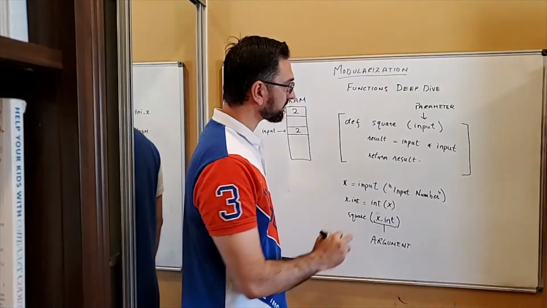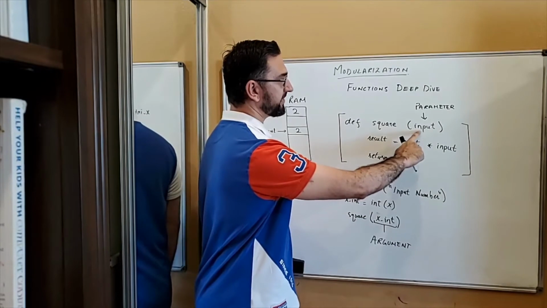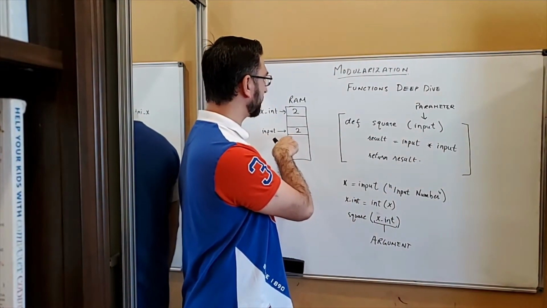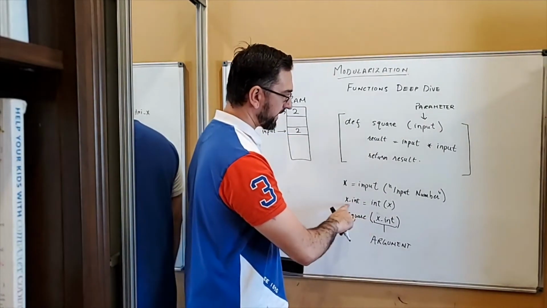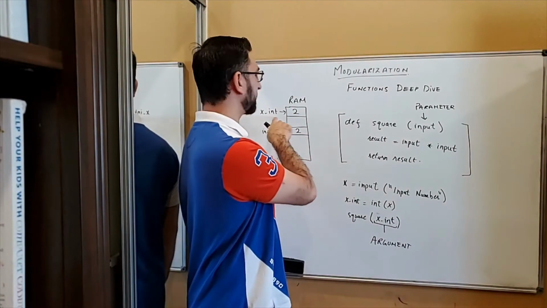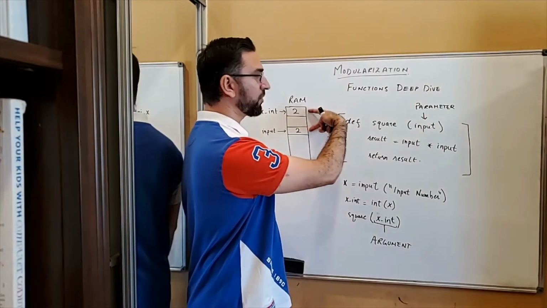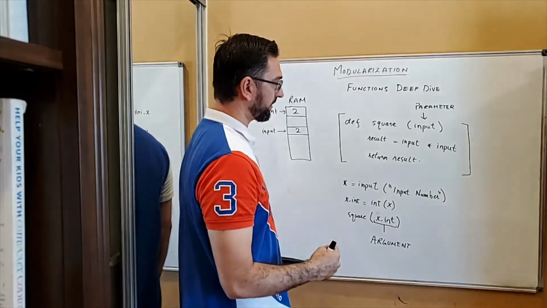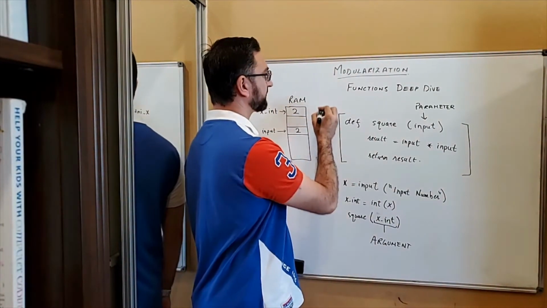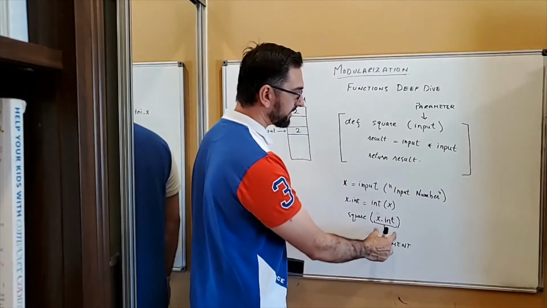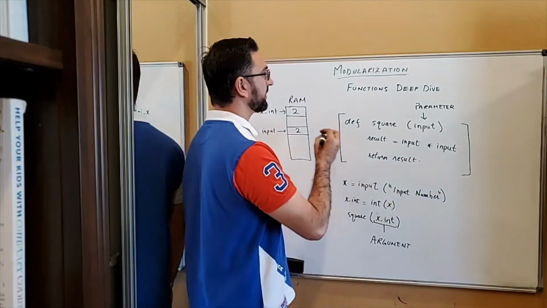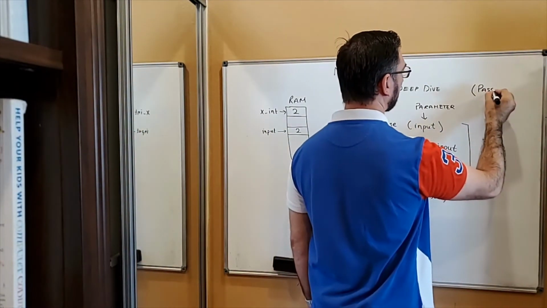So now this variable input defined in the parameter is pointing to a value 2 somewhere in memory, and x int is another variable which is pointing to the value 2 somewhere else in memory. So we have 2 copies of this value. This is called pass by value, because we are passing the value of this variable to the parameter.